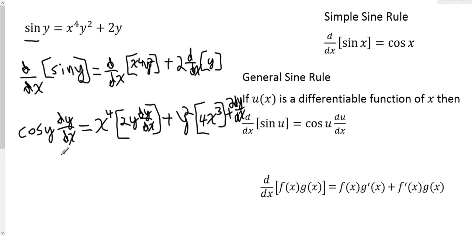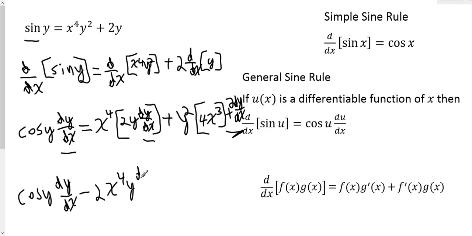So I have this term and this term that all have dy/dx. I'm going to bring them over to the same side. So I'll have the cosine of y times dy/dx. This term also has dy/dx. This term is 2x to the fourth y dy/dx, and when I bring it over, it's going to be negative 2x to the fourth y dy/dx.